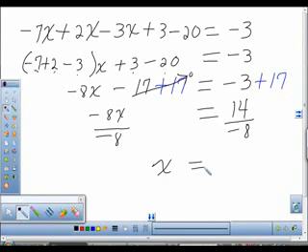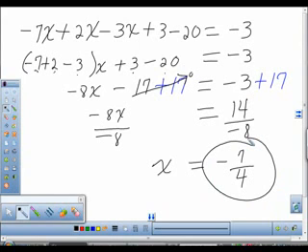Negative. Okay. Will 14/8 reduce? Yeah, what is 14 and 8 both divisible by? 2. And 2 into 14 is 7, and 2 into 8 is 4. So my answer is -7/4. Questions?